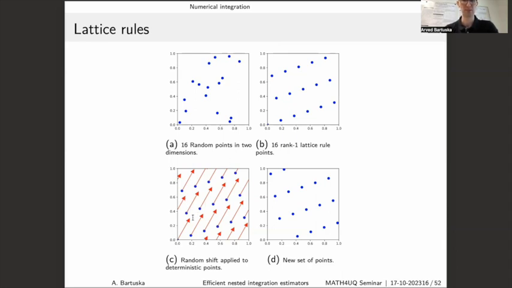And how do we randomize those points? We sample a random vector, shown as this red arrow, and we add it to each point. The same randomization, so we take all the points and move them all at once. And if we were to move a point outside of the domain, we wrap it back around and put it in here, and for this side as well. This guarantees that all the points stay inside the domain.